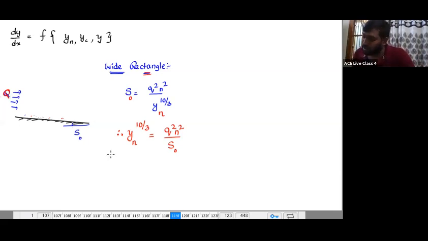Now coming to the yc. What is yc? yc is nothing but Q square by g whole to the power of 1 by 3. Critical depth exclusively depends upon Q. Critical depth does not depend upon the bed slope also. So for a given flow rate, I can write one point over here as a note.